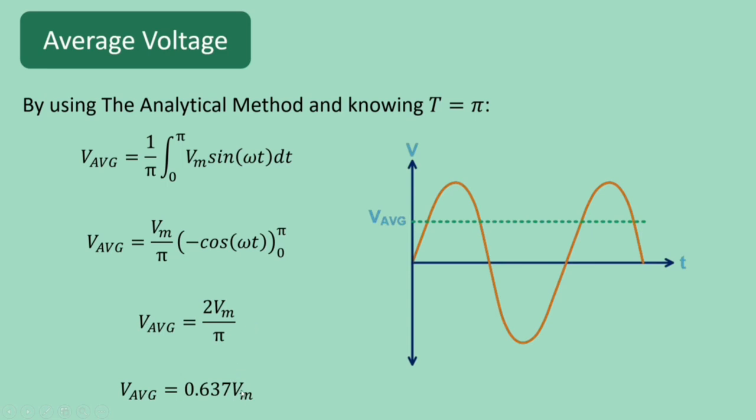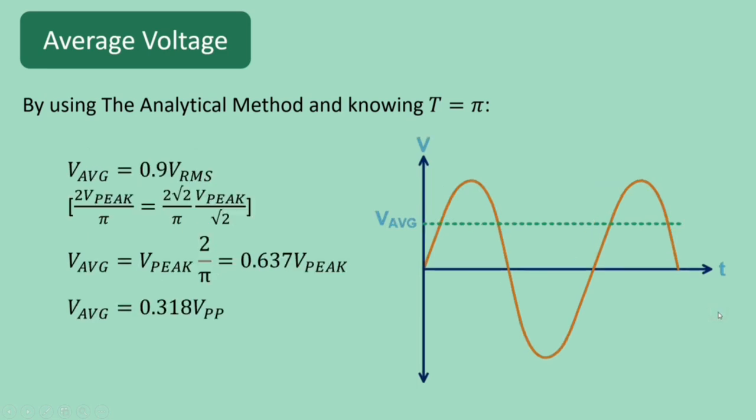We can also calculate average voltage by peak voltage, peak-to-peak voltage, and RMS voltage. We know that RMS voltage is equal to V peak divided by square root of 2. So RMS voltage times square root of 8 divided by pi is equal to average voltage.